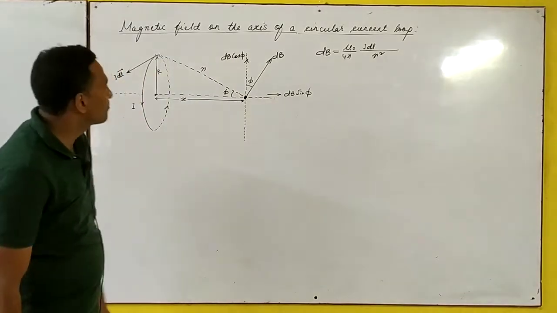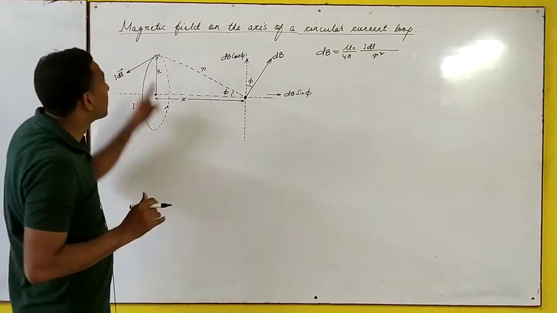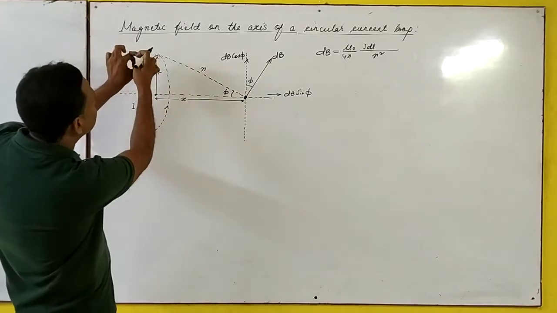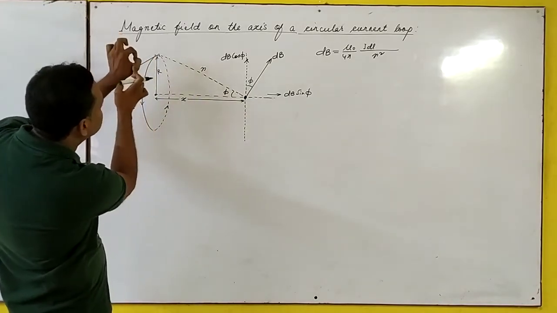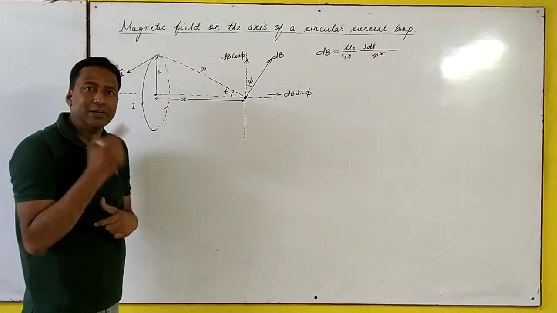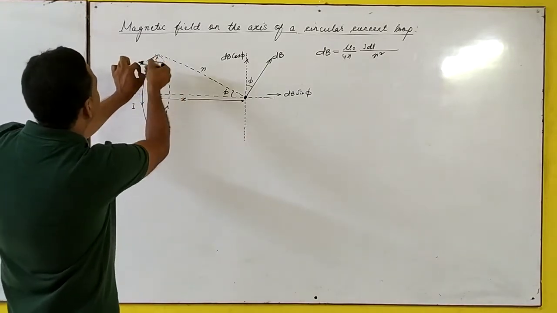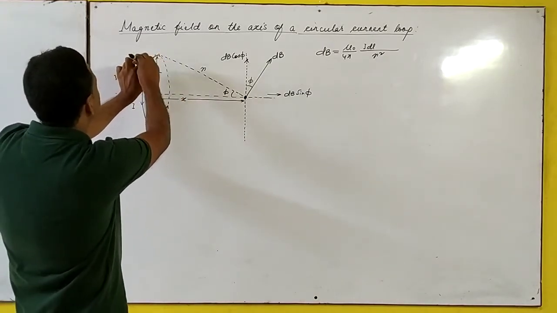Now what are we going to do? We are going to take another element which is diametrically opposite to this element. So you have taken one element here, and diametrically opposite we take an element over here. Let me take dl as the element. With the current, what will be the direction of the current element? Here the current was coming out, so the current element was tangentially out.